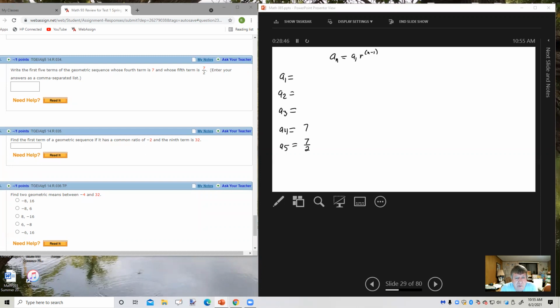Well, if I could find the common ratio, I could work backwards. Just like with an arithmetic sequence, you take a term in the sequence minus the previous term. To find the common ratio, r, we're going to take a term in the sequence divided by the previous term. So we're going to take a sub 5 divided by a sub 4, which is 7 divided by 7/2, which is 7 times 2/7, which is 2.